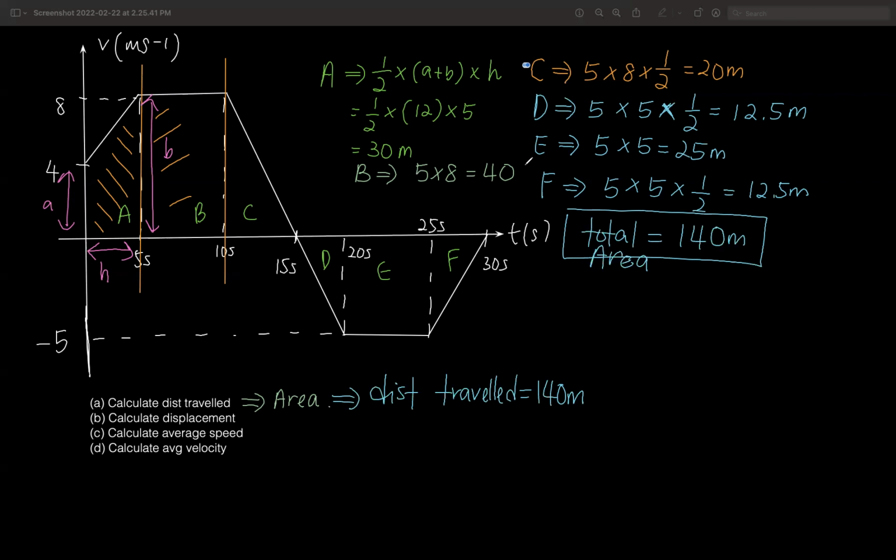Now 关于那个 area，如果你的 shape 是在那个 x axis 的上面，它是 positive area。如果你的 shape 是在 x axis 的下面，它就是 negative area. Let me write it here. Area above x axis is a positive.